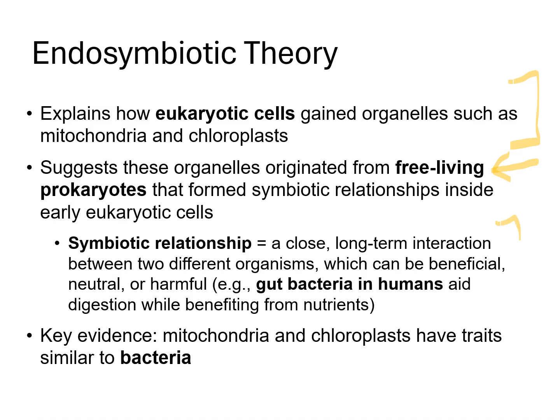These relationships are close, long-term interactions between two different organisms, and they can be beneficial, neutral, or even harmful, although the beneficial ones tend to last the longest and evolve over time. Examples of symbiotic relationships include the gut bacteria in our GI tract. These help us digest certain nutrients, and they also benefit from these nutrients and get a safe place to live.